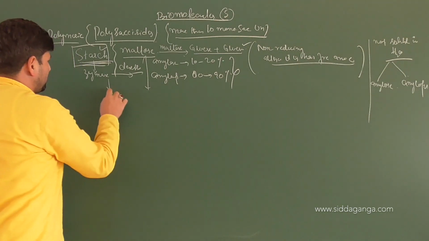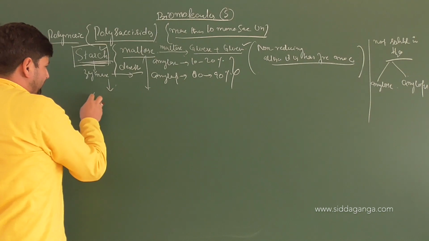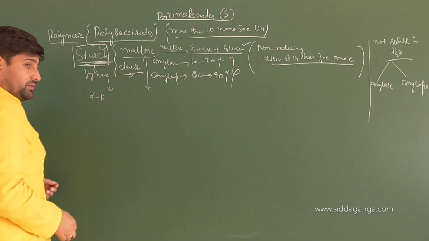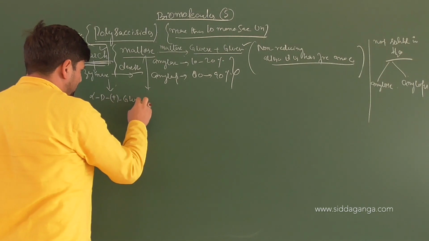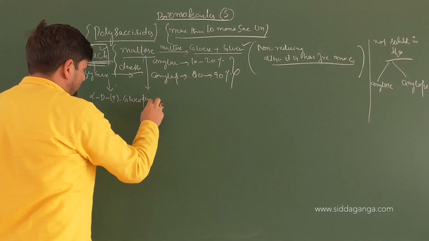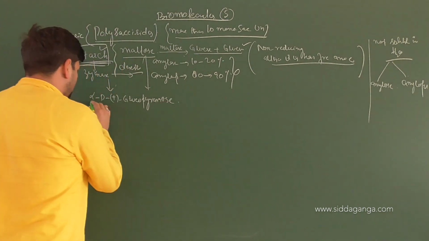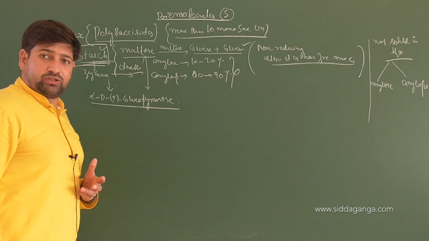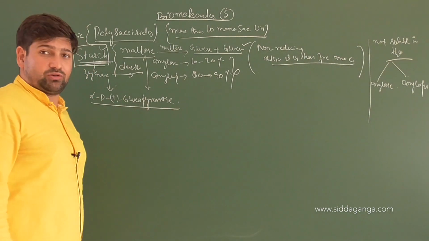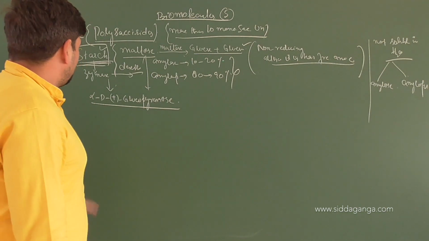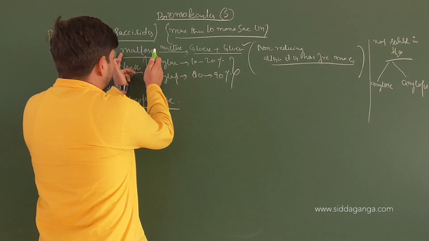The basic repeating unit of this starch, children, is alpha D plus glucopyranose. So technically, when you look at the structure of starch, the basic repeating unit will be maltose.